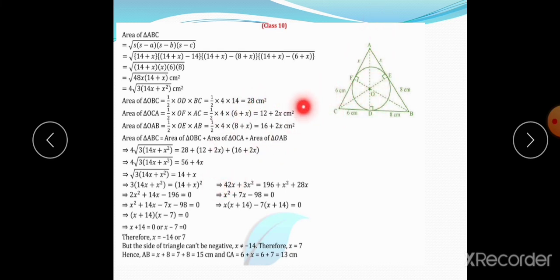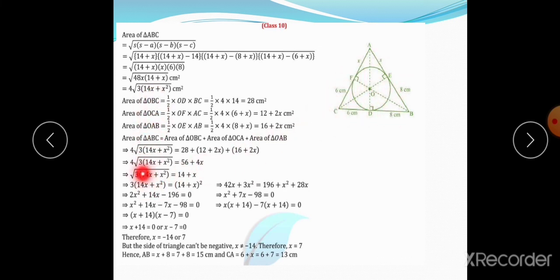Adding all three, half into 4 into 14, plus half into 4 into 6 plus X, plus half into 4 into 8 plus X, since the height is the radius, 4. So the area of the triangle is 28 plus 12 plus 2X plus 16 plus 2X.